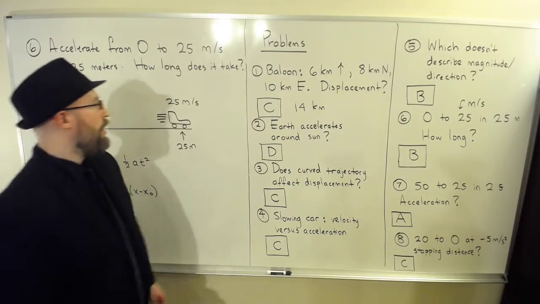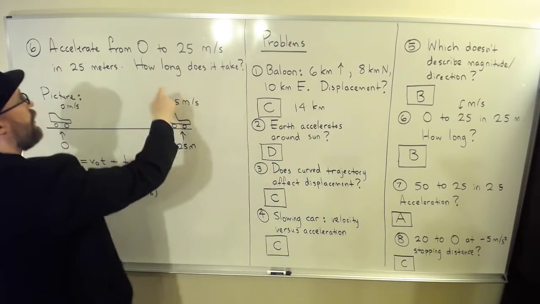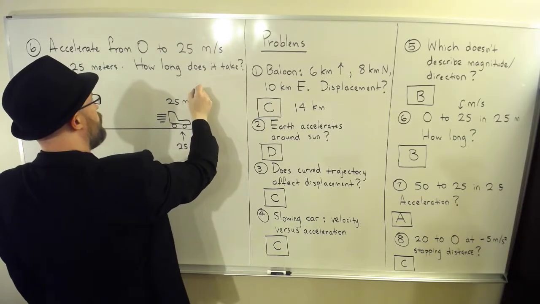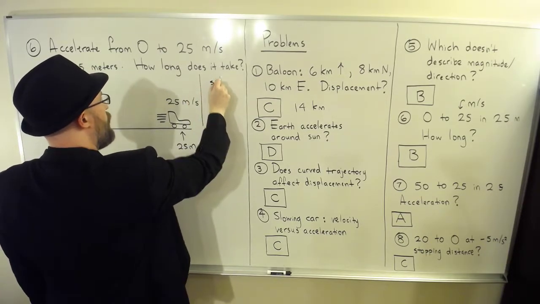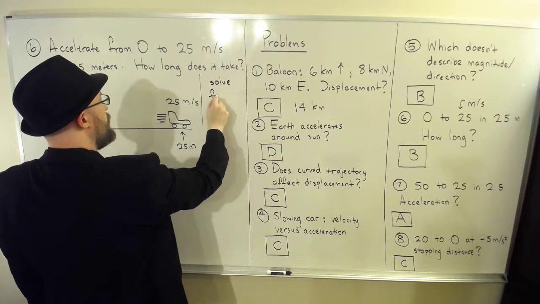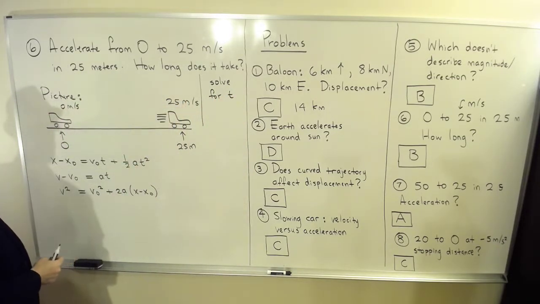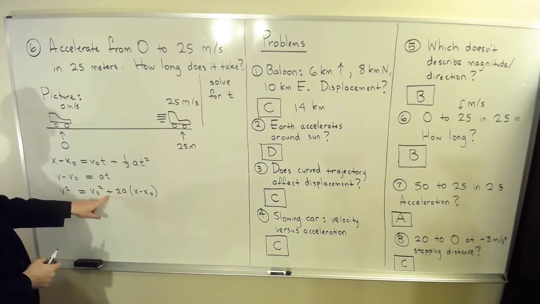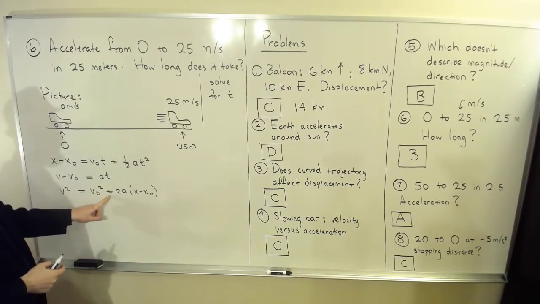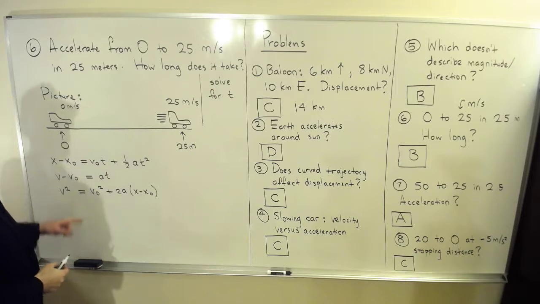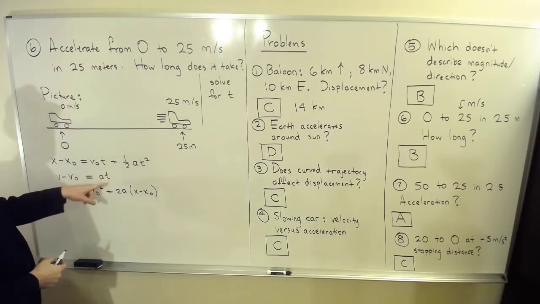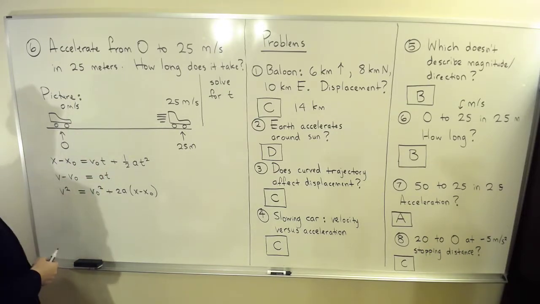The question is how long does it take? You're wanting to solve for t, right? That's what the how long means. You certainly couldn't solve for t in this third equation because there's no t in it. So if you wanted to solve for t, you'd have to use either this equation or this equation here.